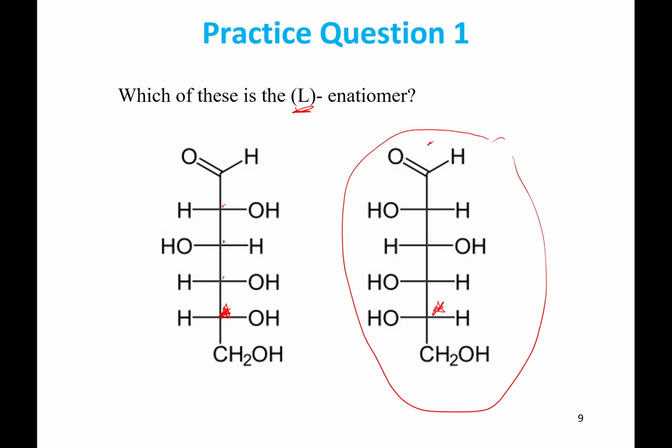And this is the D enantiomer because OH is facing to the right. You can also notice that if you drew a line there and acted like that was a mirror, these are mirror images of each other. So these are the same sugar. They would just have a different letter out in front of them, L or D.